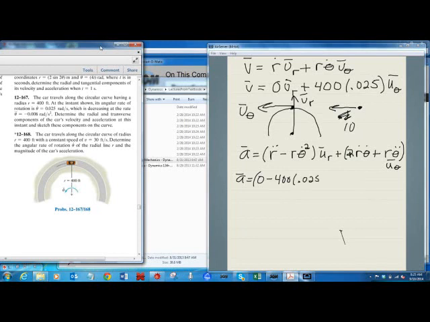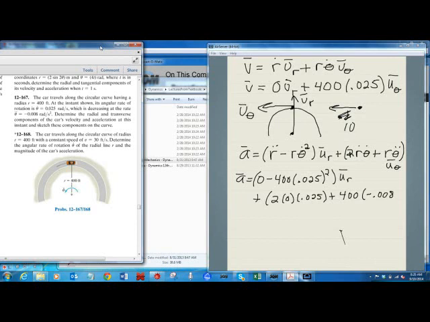Theta dot squared, 0.025, u r, plus 2 r dot, which is 0, times theta dot, plus r, which is 400, times theta double dot, which is negative 0.008.